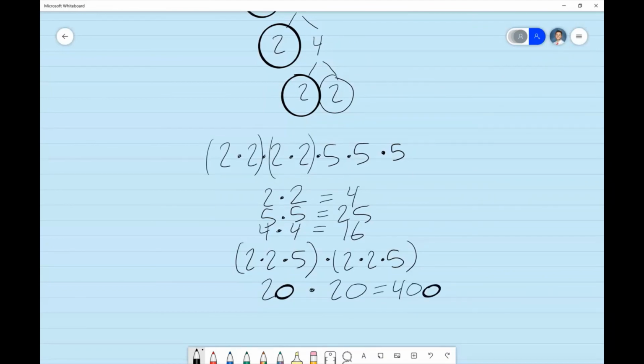So that is also a perfect square that's a factor of 2,000. Notice, if we take 400 and multiply it by our other 5, which we haven't used, we have 400 times 5 equals 2,000. So we can confirm that 400 is a factor of 2,000, and in this case, that is our largest perfect square for 2,000.